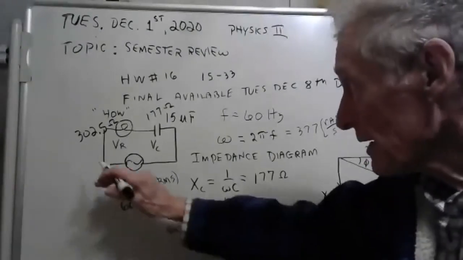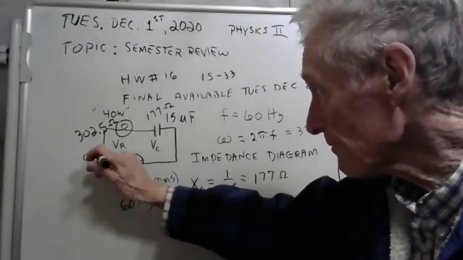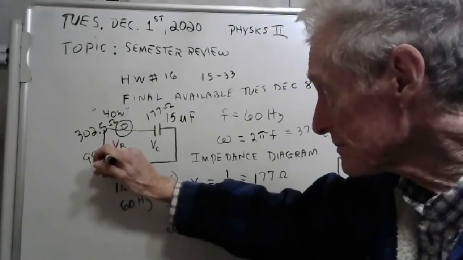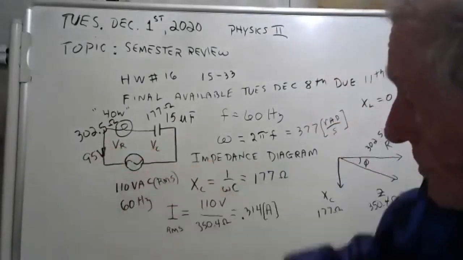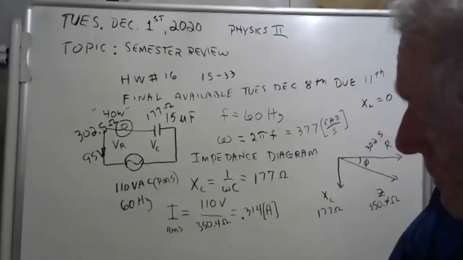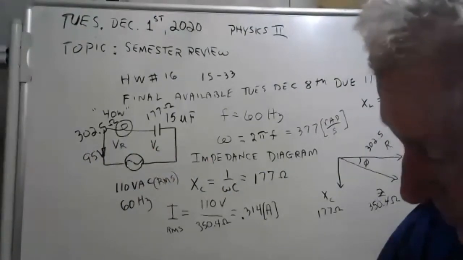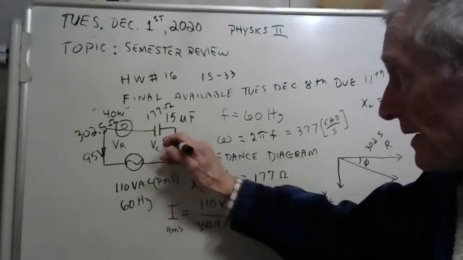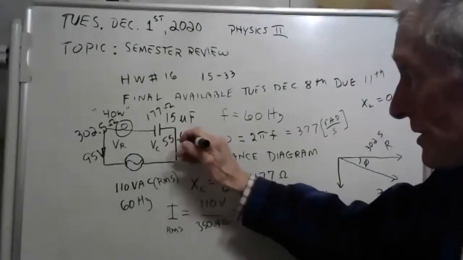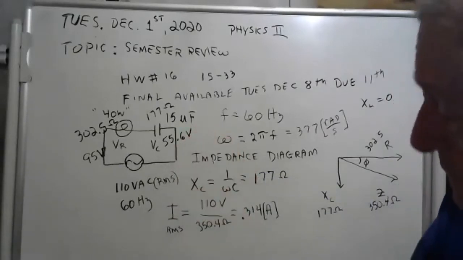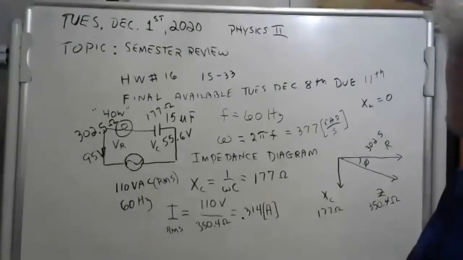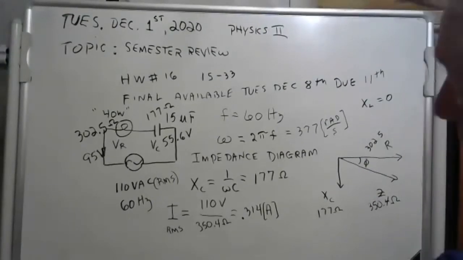Yeah, that's what I got. I just rounded it off to 95 volts. And Zach, what'd you get for the voltage on the capacitor? 55.58. That's what I got. I got 55.6 volts on the capacitor. Now let's figure the power in this circuit.